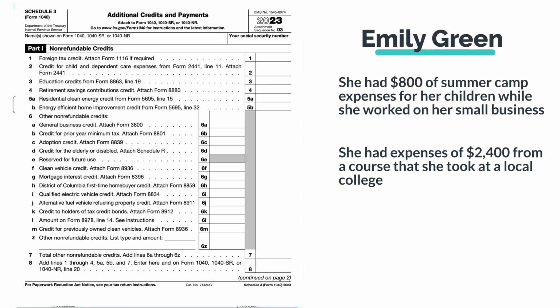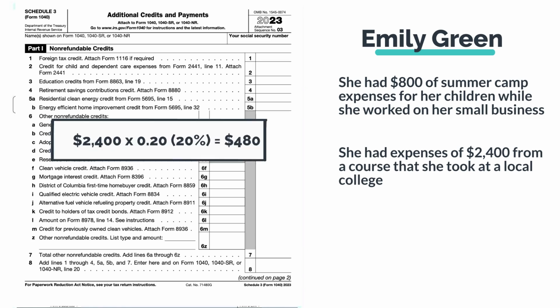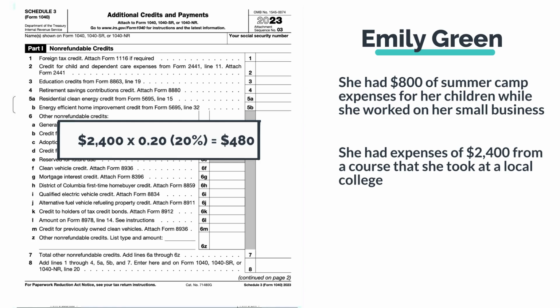For the non-refundable Lifetime Learning Credit, 20% of higher education expenses qualify for the credit with a maximum of $2,000. Emily is able to deduct 20% of her college expenses by taking the non-refundable Lifetime Learning Credit. 20% is $480, and this is entered on line 3 of Schedule 3.